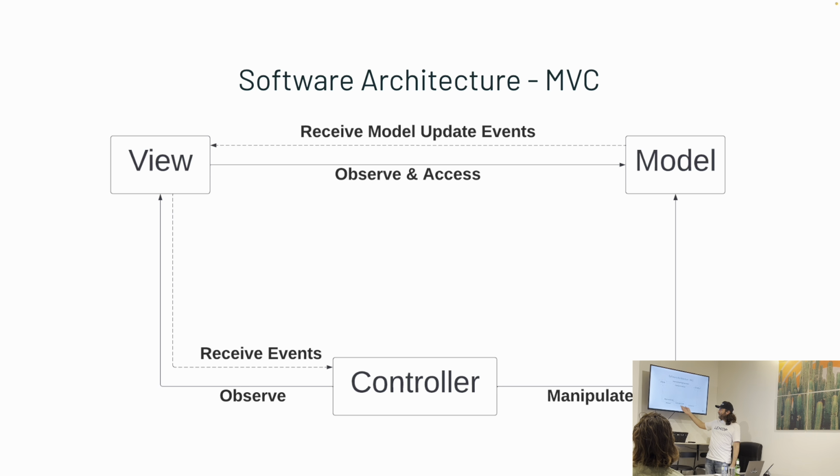The controller is basically the object that will receive events or interactions from the user in order to mutate the data. So if the user wants to edit the name, they have to submit a new name in the text widget, and they have to do that through the controller.